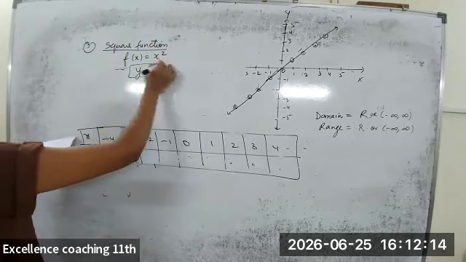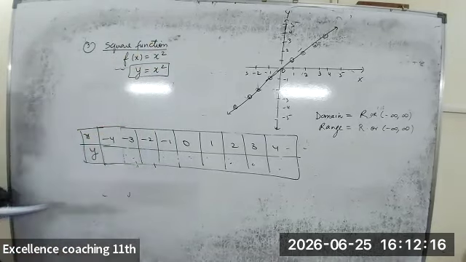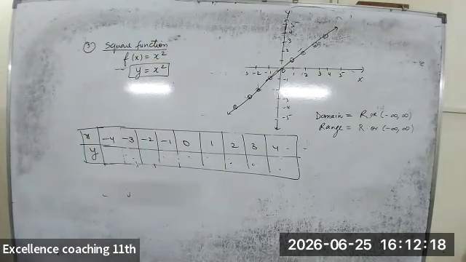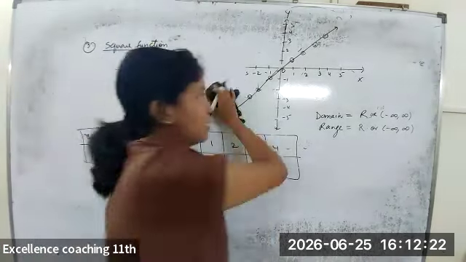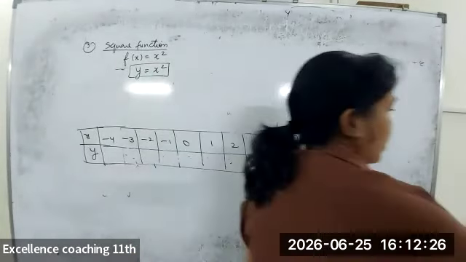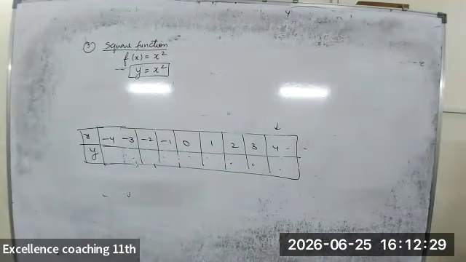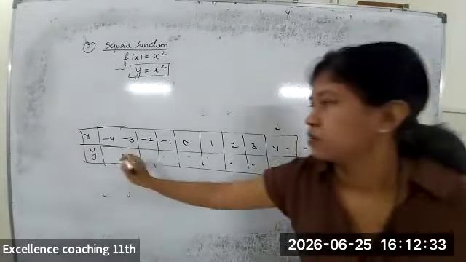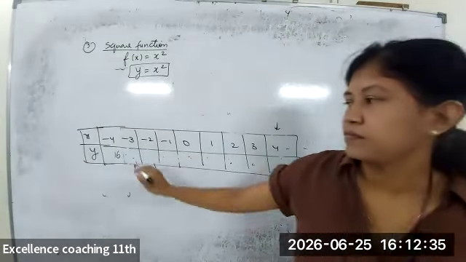I'm taking it as y. Calculate the square value and write it. Write the square of all the x values and write the y. So 16 don't take while plotting. Plot up till 9 only. While writing, you can write.